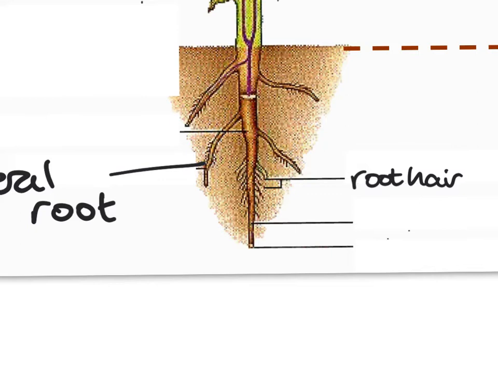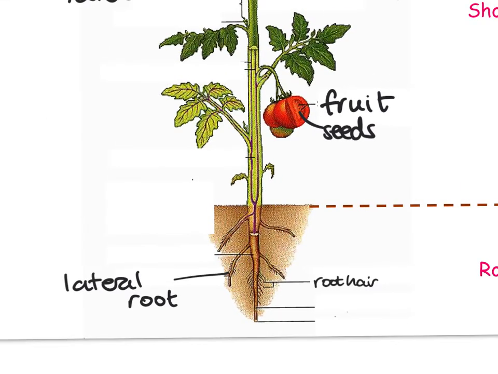Where does water get into the plant? Zara, where do you think water gets into the plant? In through the leaves, the roots. The what? Where, Penny? The roots. Okay, what cells? Root hair cells, okay.